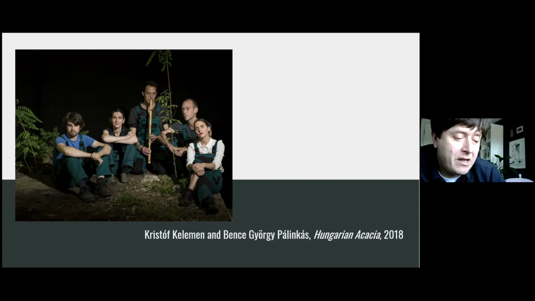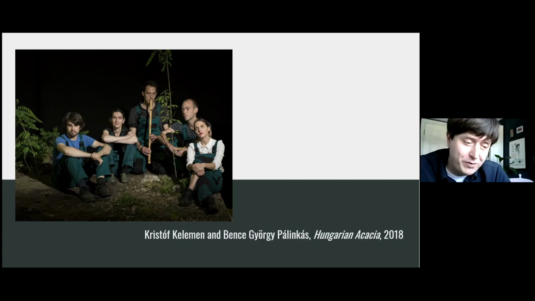What was quite clever is that the piece pushed the nationalist intentions of the official campaign to co-opt the black locust tree to its logical conclusion. So they say that if the black locust could become a Hungaricum, then anybody who can take root in Hungarian soil can become Hungarian. So it had quite a political charge to it.